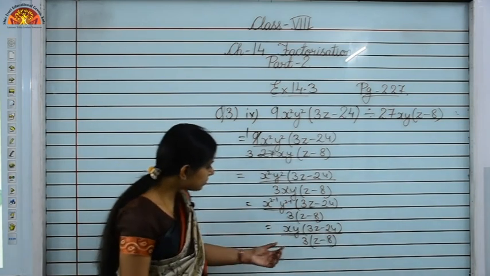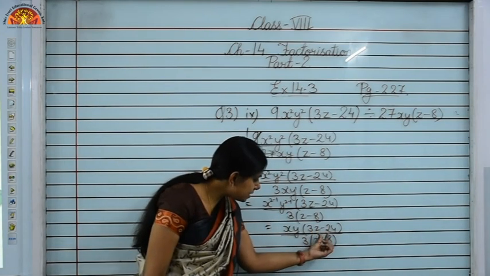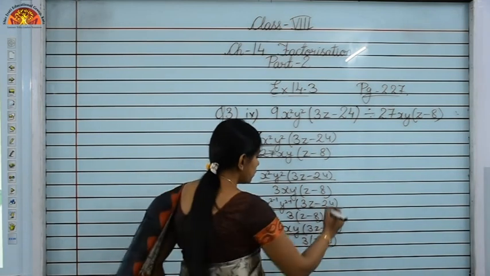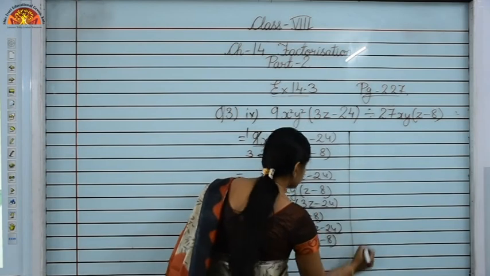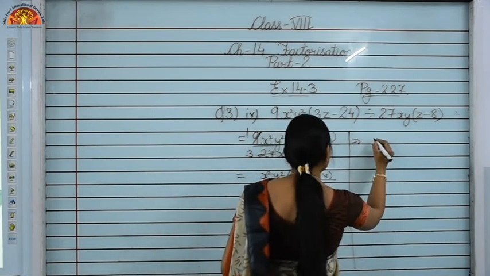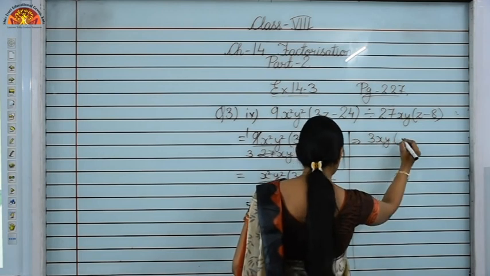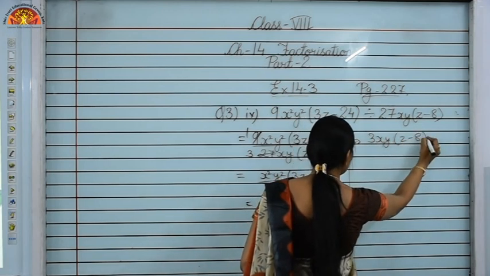Now you can see, children, that in the bracket it is 3z minus 24. So you can just take the 3 common. So we can write over here, that is 3xy into z minus 8.